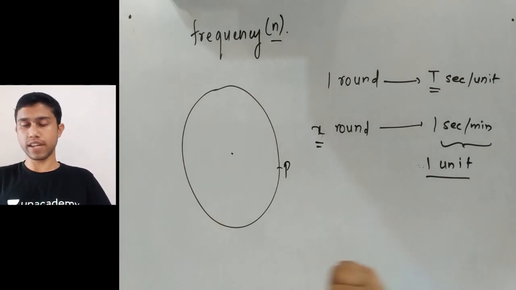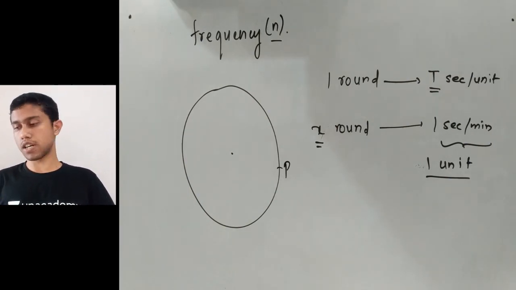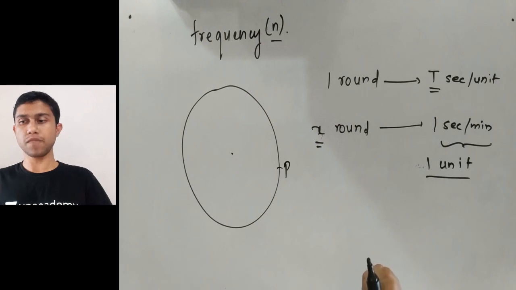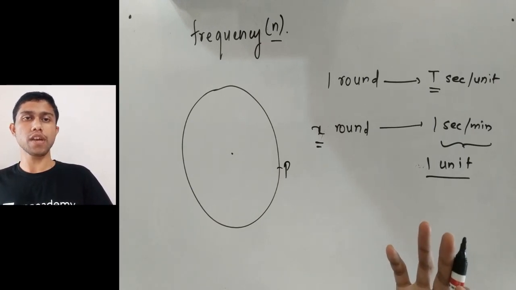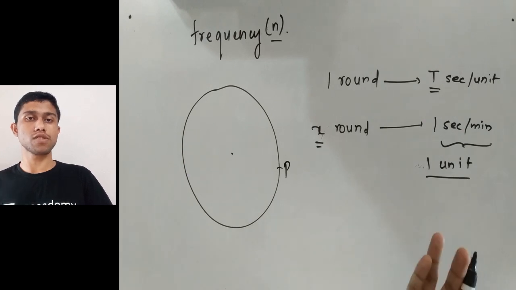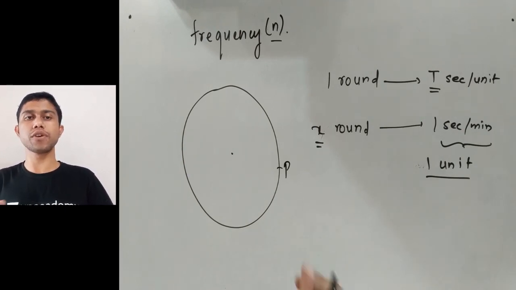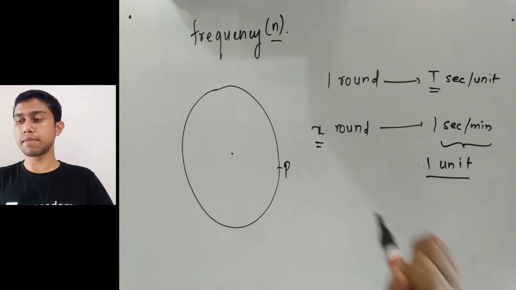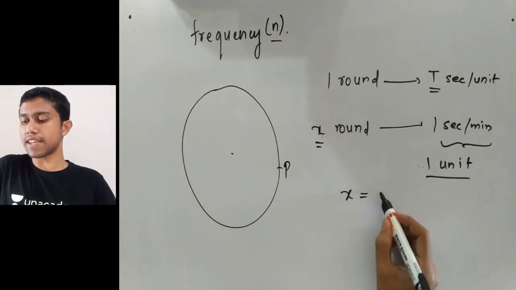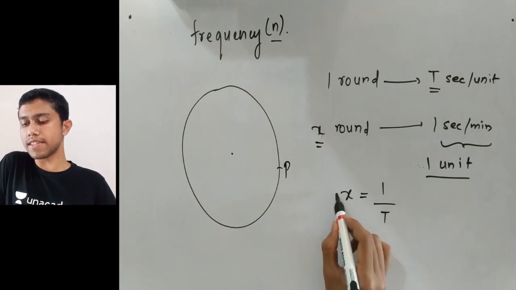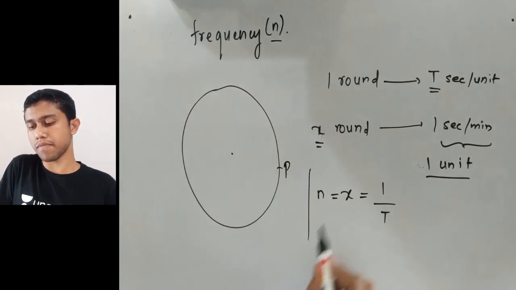So how do we solve it? We have learnt a concept called the unitary method. Okay, so suppose you have 5 mangoes in 100 rupees. Okay, so you'll get 2 mangoes in what amount? So this is the unitary method, and we are going to apply a similar concept here. So by the unitary method we'll get the value of X is equal to 1 by T, and this X is nothing but the frequency.